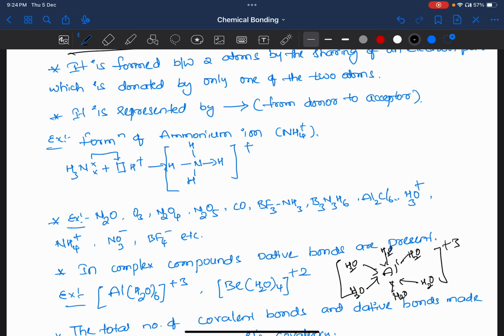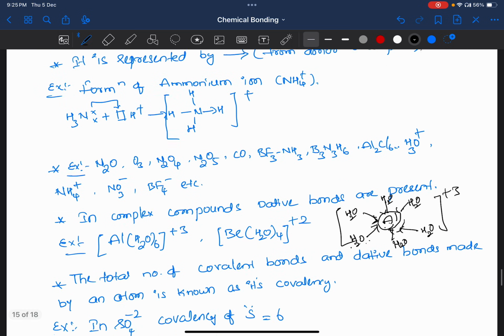How are they formed? On each oxygen atom, two electron pairs are there, and one electron pair is donated from each water molecule. All these electron pairs are accepted by aluminum. Therefore, between the water molecules and the aluminum ion, a coordinate covalent bond is present. So that is about coordinate covalent bond.